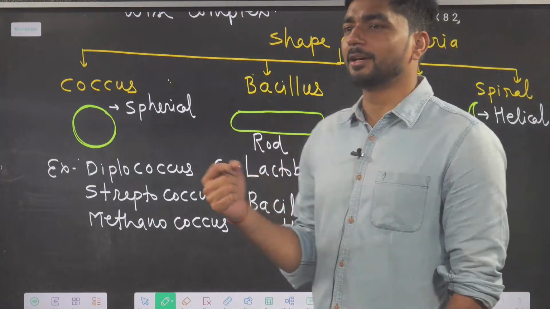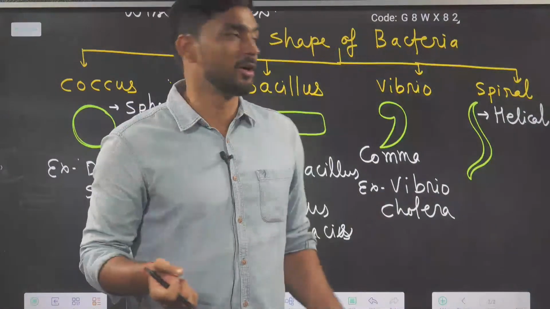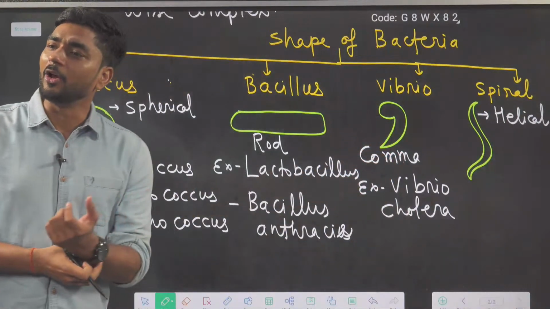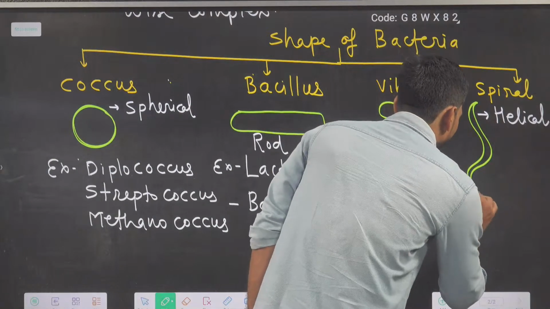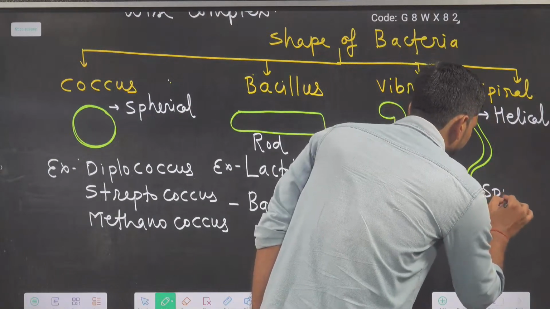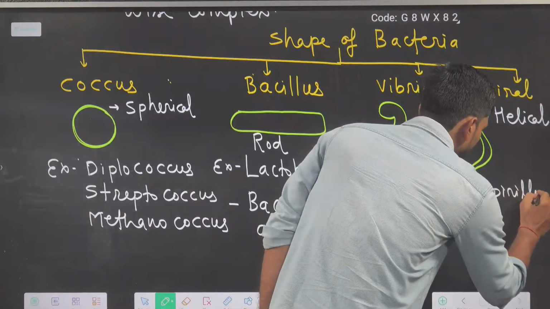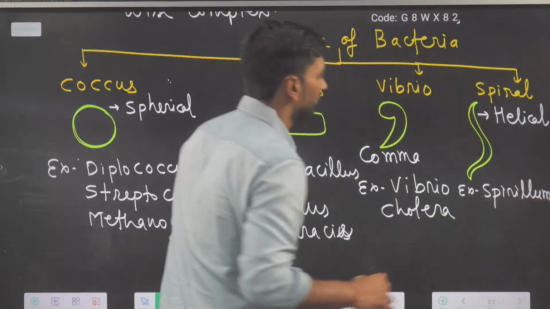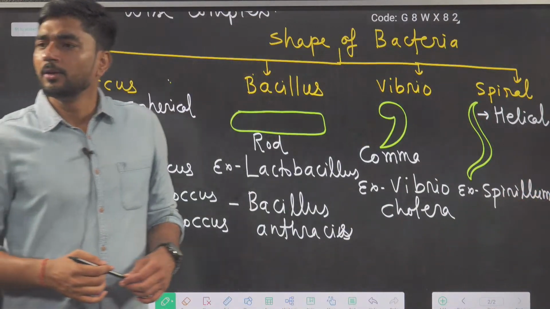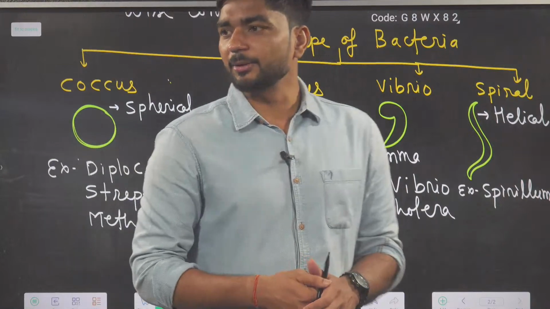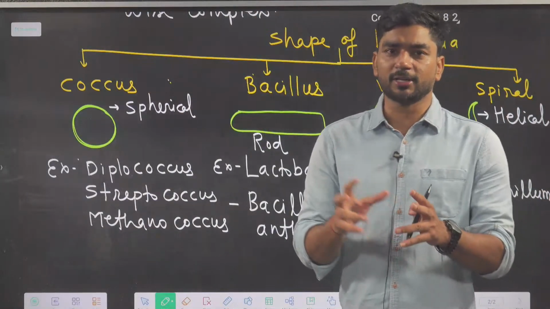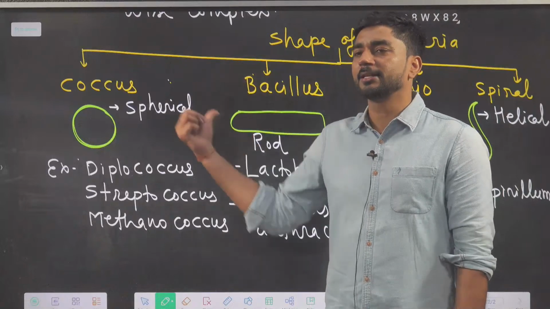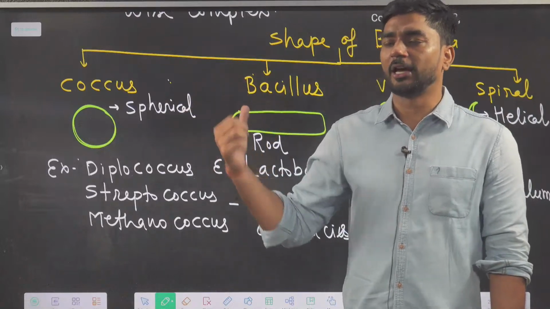So we can say it's Treponema pallidum, or we can say Spirillum. A lot more examples can be there. So these are nothing but based on what? Based on the structure, or we can say based on the shape, this can be of different types.